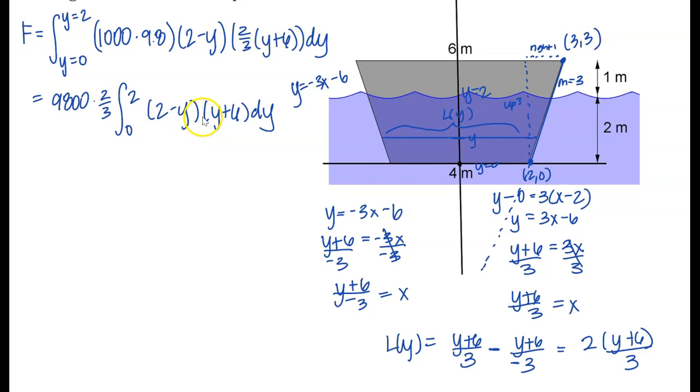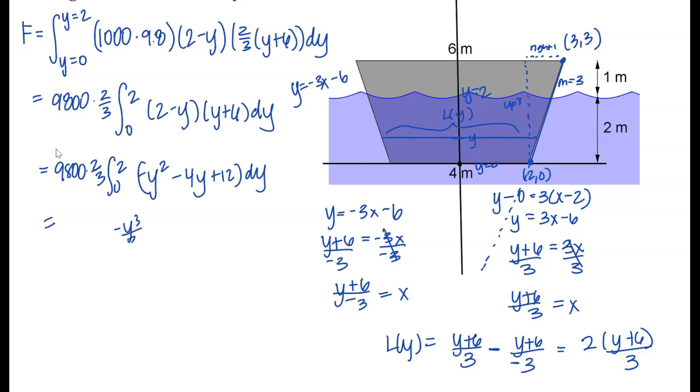And to integrate this, it's just a polynomial. We'll have to multiply it out. So we're going to end up with 9,800 times 2/3, the integral from 0 to 2 of, ultimately, a negative y squared minus 4y plus 12 dy. We can do that term by term integration.